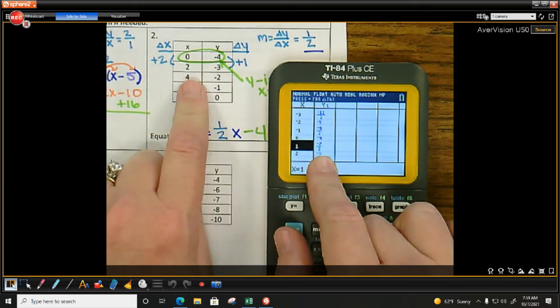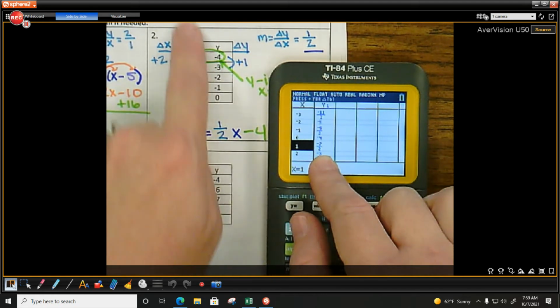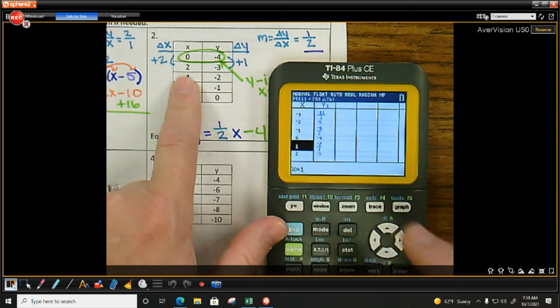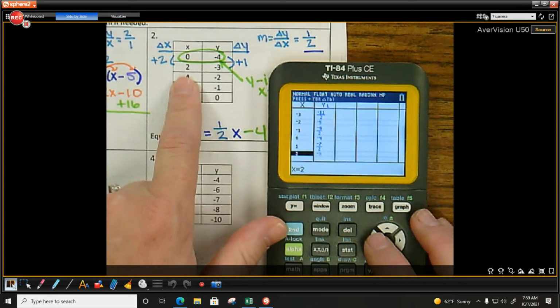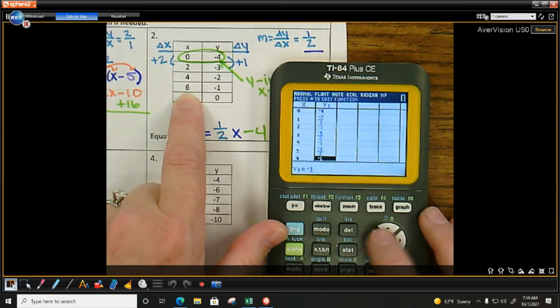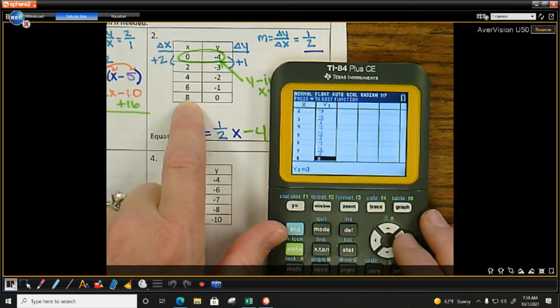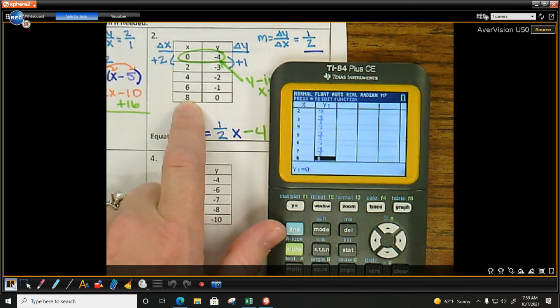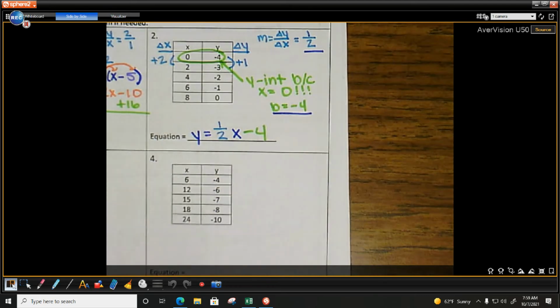Yes, they don't have to put all of the values here. They just all have to be correct. 2, -3, does that match? 4, -2; 6, -1; and 8, 0. Do they all match? Yep. So are we good? Yep. Okay.